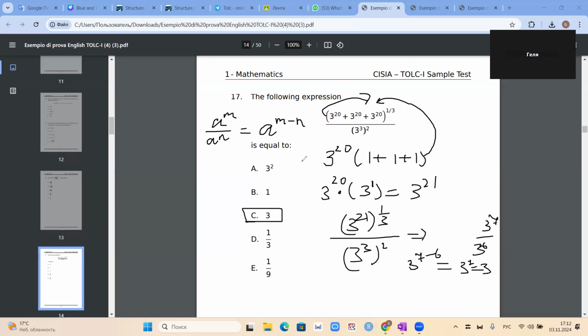I have a question. What if you got 0 marks from math, but you got enough marks from other sections, like 15 or 20? Okay, what test are you talking about, TOLC-I or TOLC-E? TOLC-E? Okay, in TOLC-E there are only 13 math questions, so it's not really tragic. For example, 36 is the full score. You just subtract 13 questions, it will be 23. Yes, the maximum score you can get is 23 with 0 points in math.